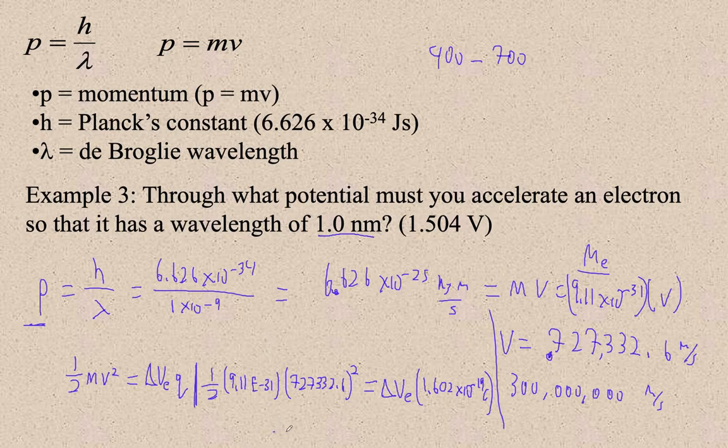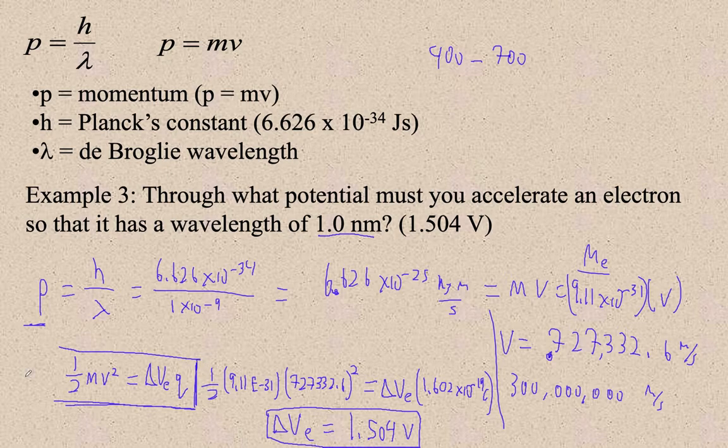The change in electrical potential is 1.504 volts, or joules per coulomb. So all we did basically was solve for the velocity and then use energy to figure out how much voltage you had to accelerate it through to give it that much velocity. And this is just conservation of energy: the electric potential turns into kinetic.